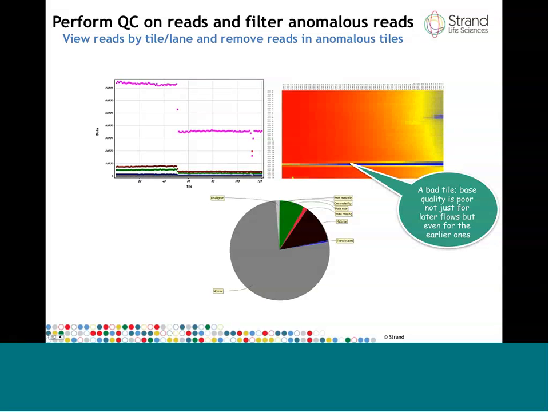It means that tile is bad. The reads coming out of that tile have poor base quality, and it's easy to identify these tiles visually and filter all the reads from these tiles out.